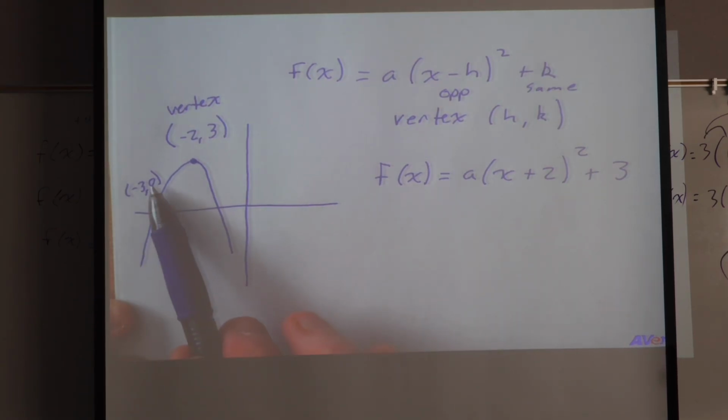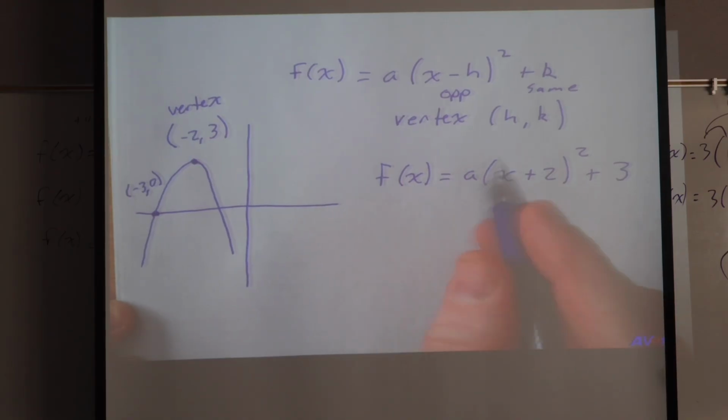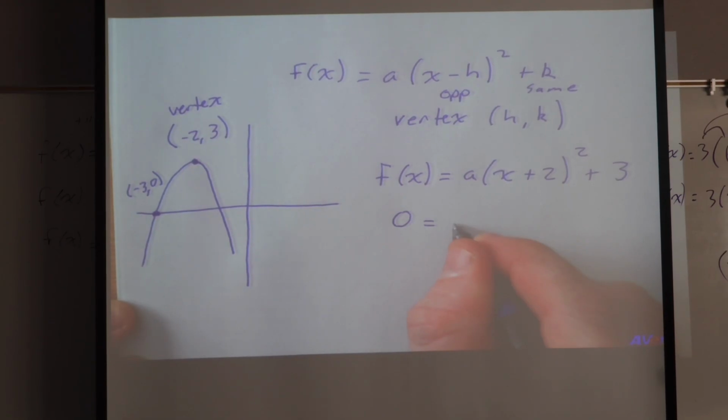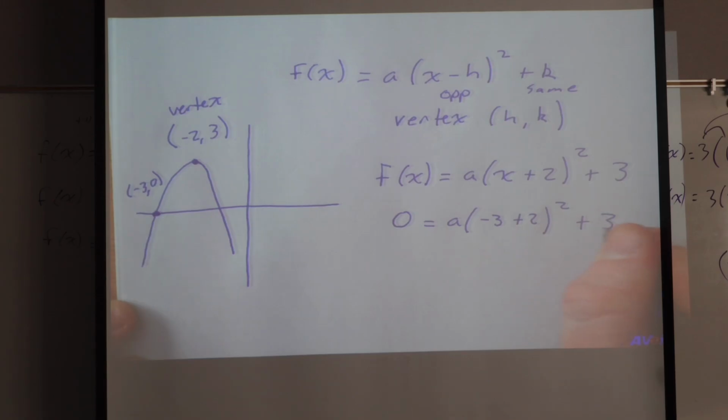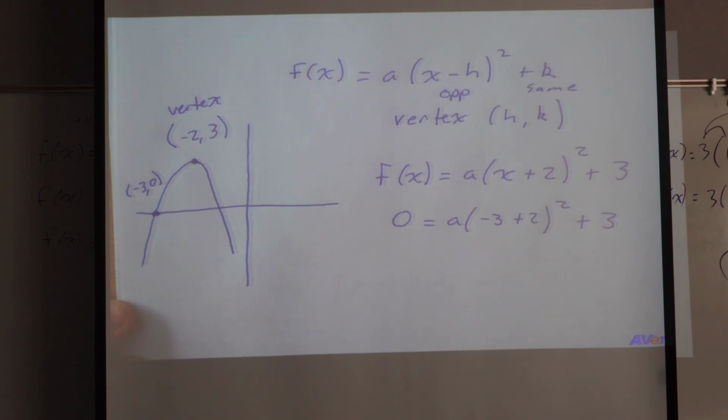So our 0 is our y, so we replace our f of x with 0. And a is then still a. And our x is going to be -3 plus 2, squared, plus 3. So now we're going to simplify this down, and then we're going to solve it for this a.